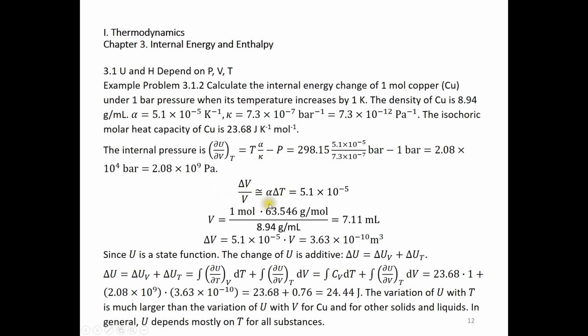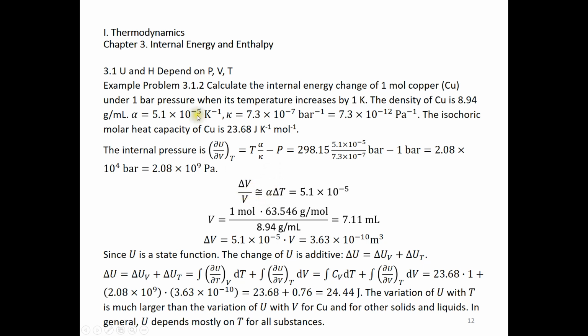This equation comes from the definition of alpha. Alpha is delta V over delta T divided by volume. So if alpha is roughly a constant for a solid, alpha times delta T is roughly delta V over V.